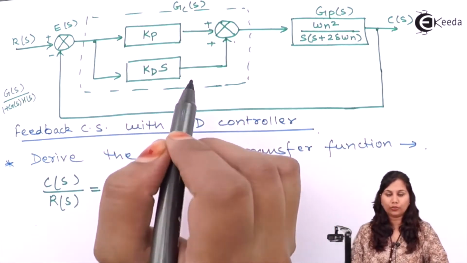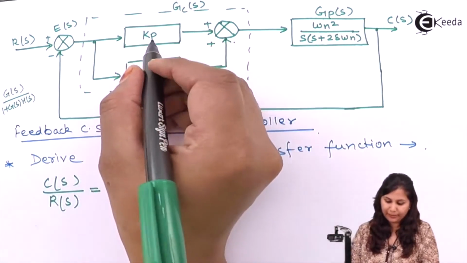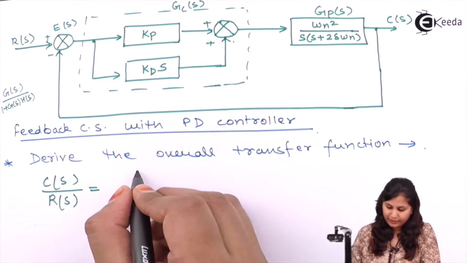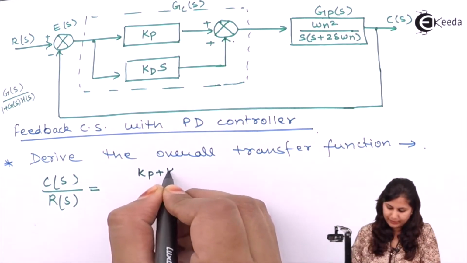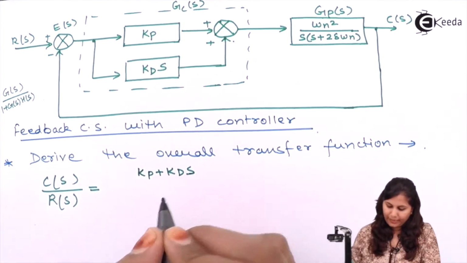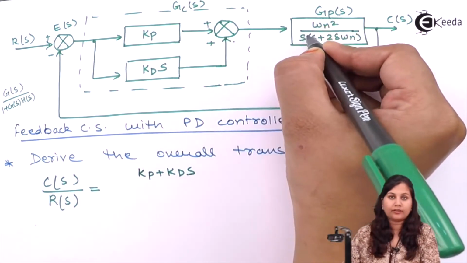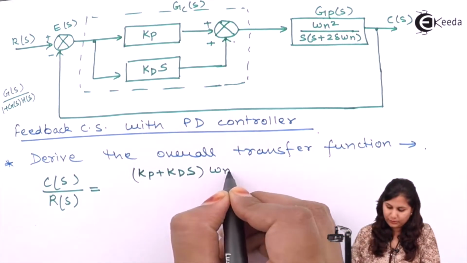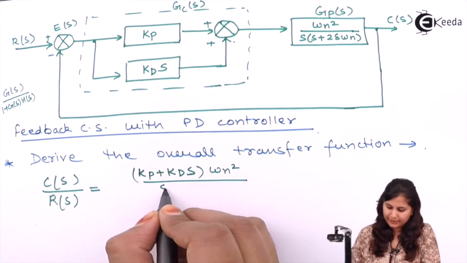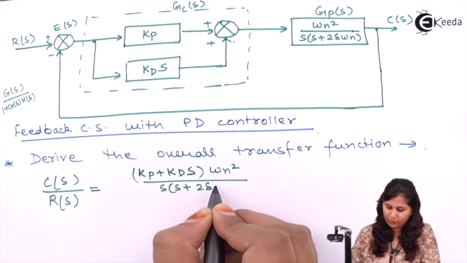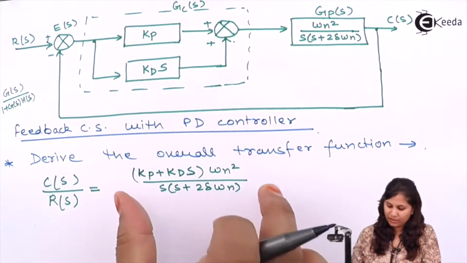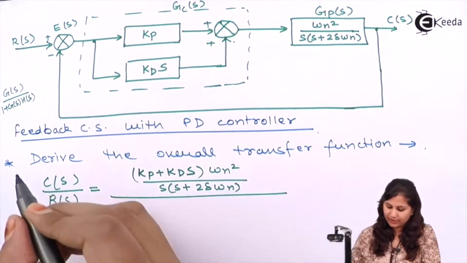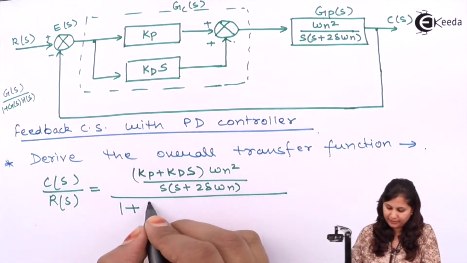Gp is the transfer function of the plant, and Gc is the transfer function of the controller. So here we have Kp plus Kd s because they are added up, and this is multiplied with the transfer function of the plant, omega n square upon s plus 2 delta omega n. This is G(s) upon 1 plus G(s)H(s). H(s) is 1, so we will just write G(s) here.